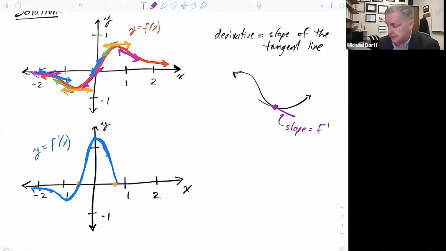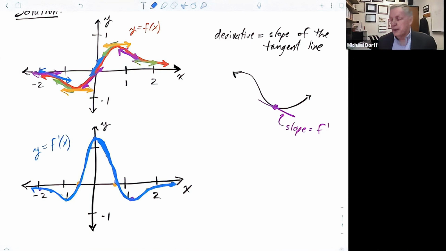It's negative. And if I draw in some more lines, it's negative. It's still going down, but getting closer and closer to 0. So my purple dot is going to be negative here, and then I get a green dot that's negative, but closer to 0. If I connect these, it's going to look something like this.